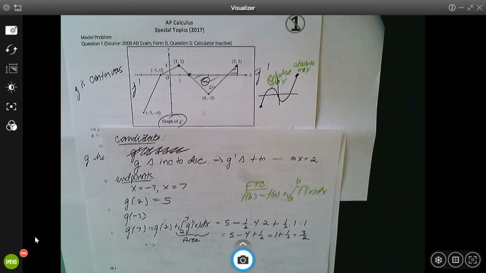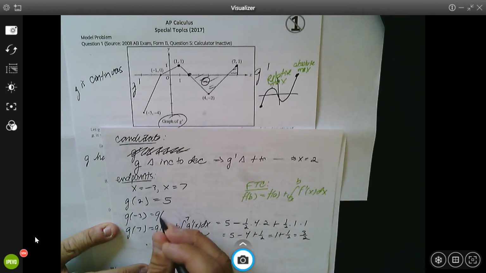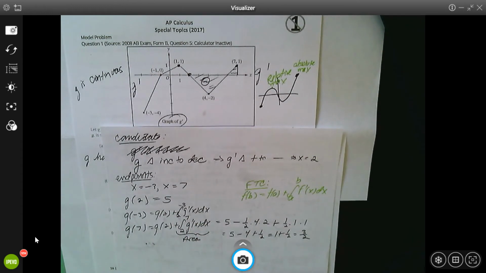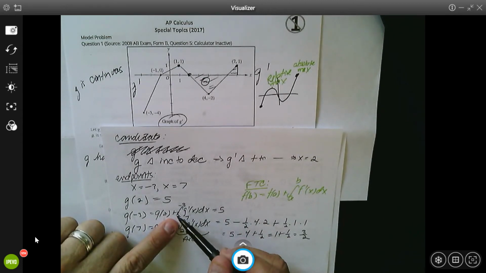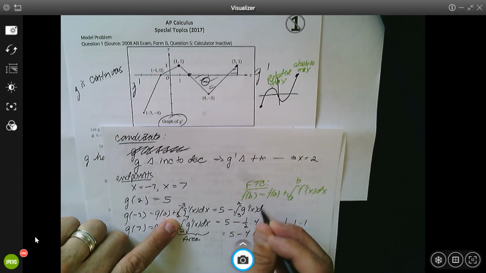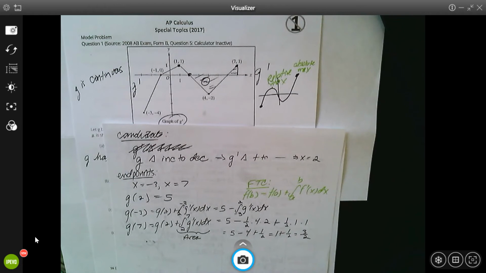What's g of negative 3? g of negative 3 is g of 2 plus your integral from 2 to negative 3 of g prime of x dx. We know that g of 2 is 5. Now we want to be careful here. If you integrate from 2 to negative 3, you're going in the wrong direction. So we're going to do minus the integral from negative 3 to 2 of g prime of x dx.